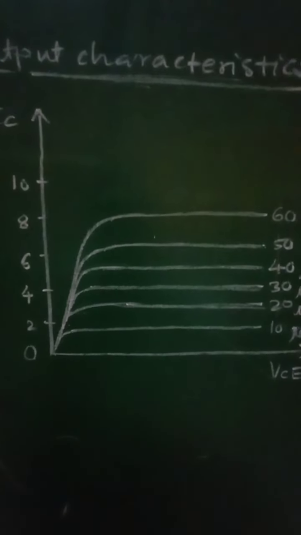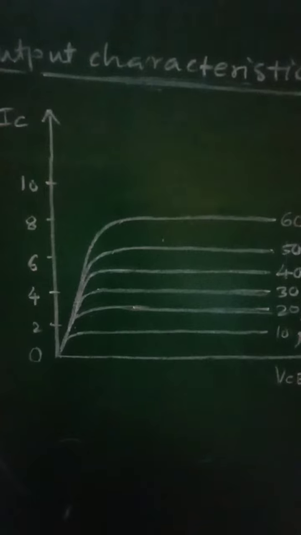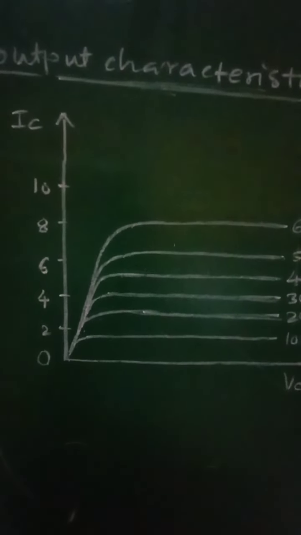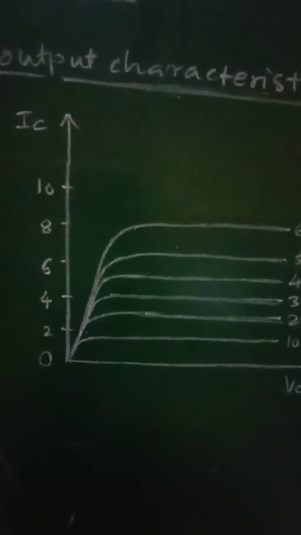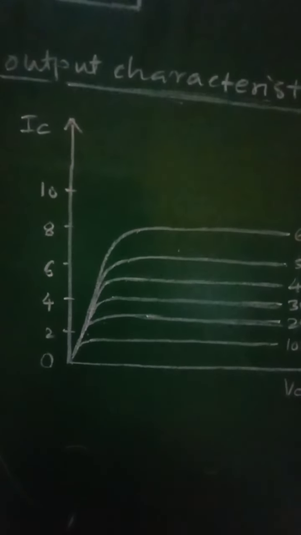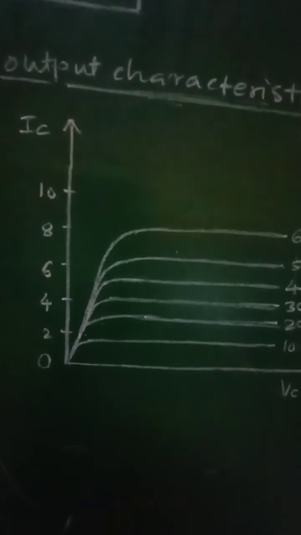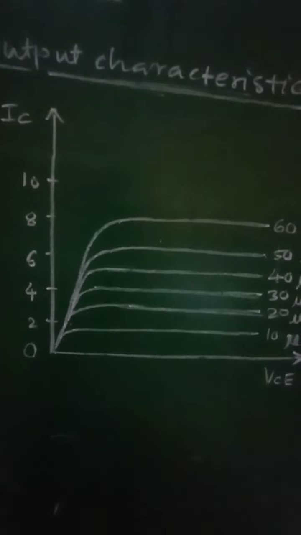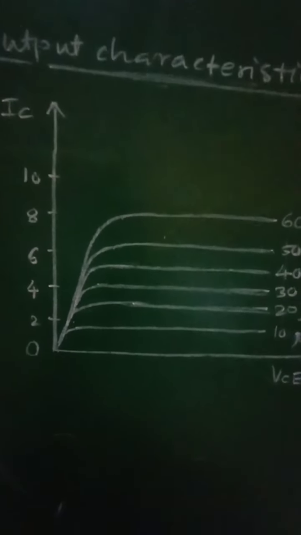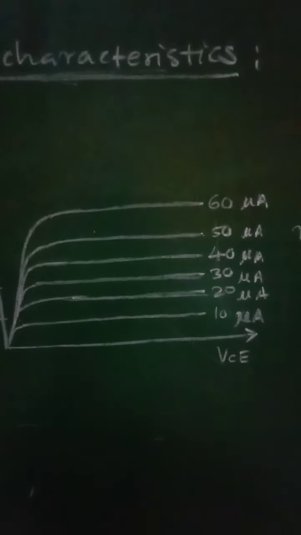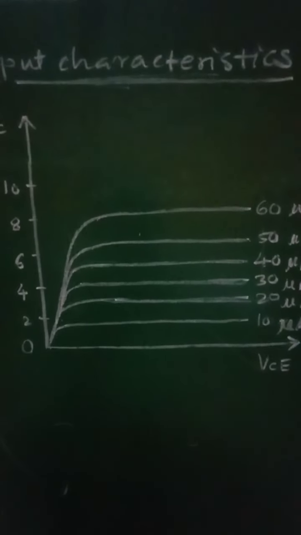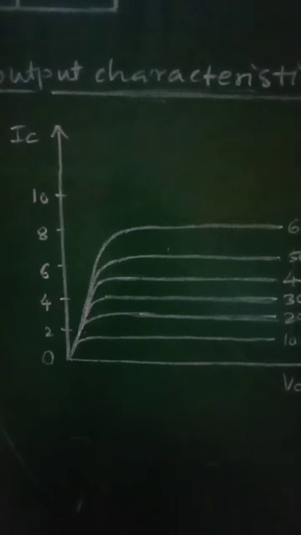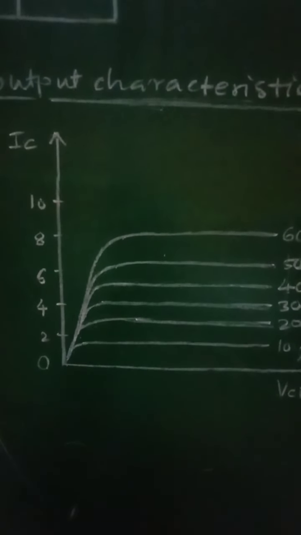So to study the output characteristics, we have to plot the graph of the variation in the collector current IC with collector emitter voltage VCE when base current IB is kept constant, so that the nature of the graph is as shown. So this graph will represent the output characteristics of the common emitter configuration.